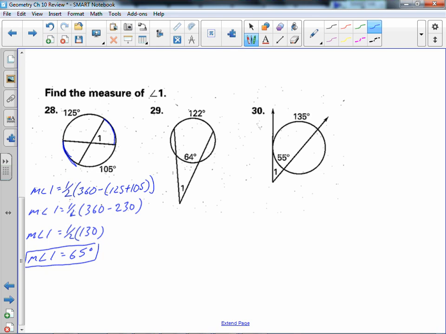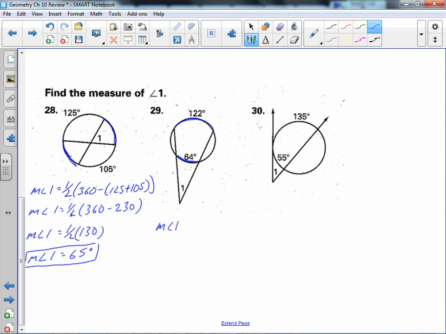All right, 29, we have two secants intersecting outside the circle, and the angle that those two secants form is going to be 1/2 of the difference between the two arcs that it intercepts. So the arcs that it's intercepting are the 122 and 64.